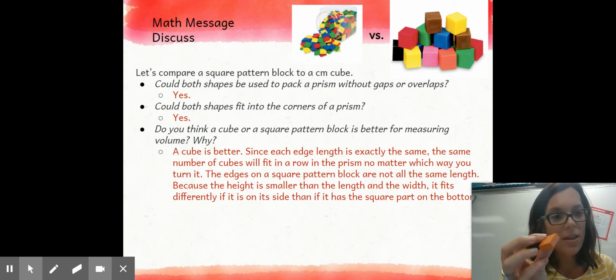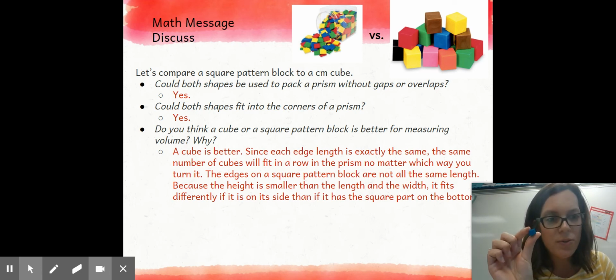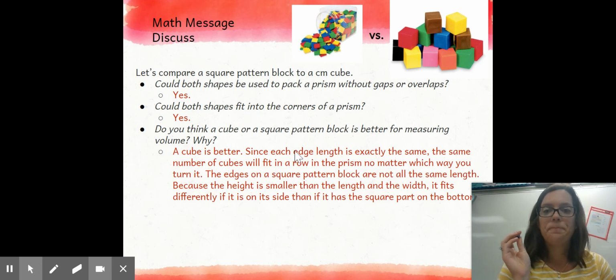So depending on the way that you lay this can determine how many you can fit or if you'll have gaps or overlaps because the sides are not all the same. So hopefully that makes more sense as to why we use a unit cube to measure volume and why we don't use a pattern block that's a square.